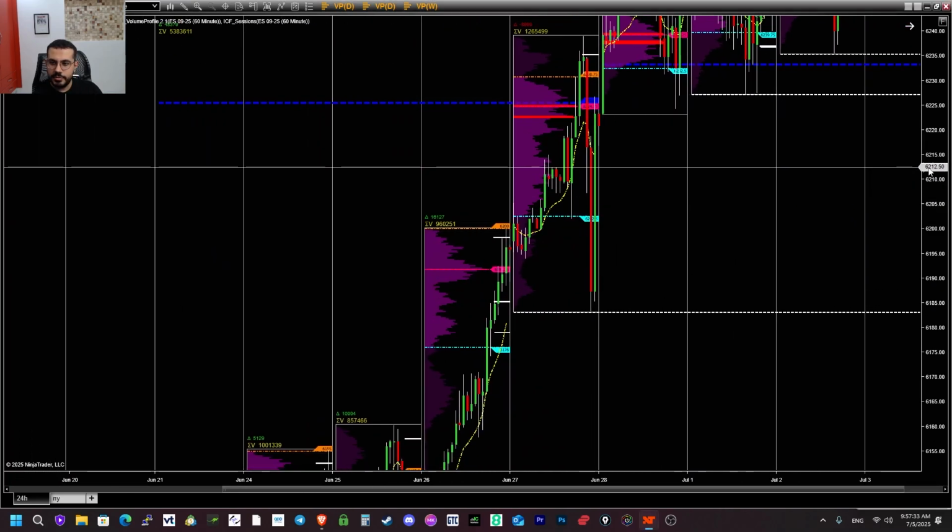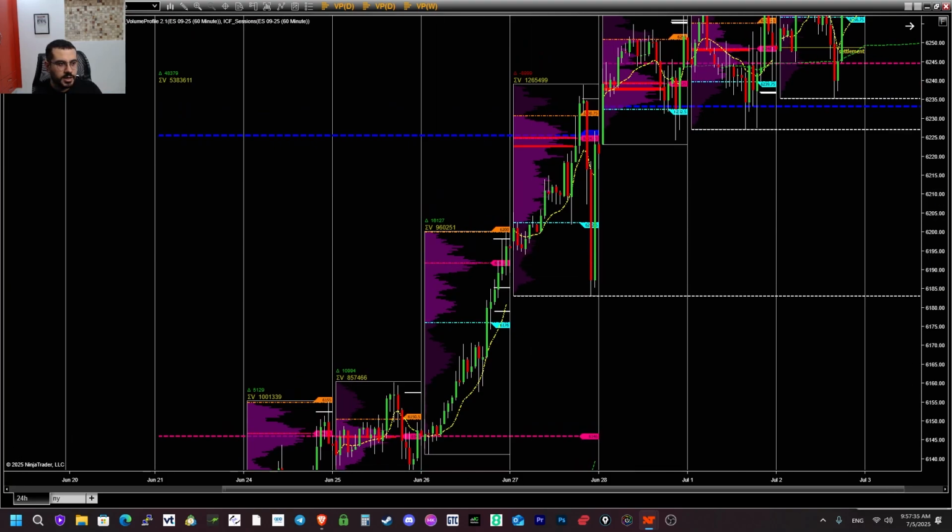Now, this is one of those examples that I told you about, that it's not like that every time, that there's going to be a reaction to that. And as you can see, there's a value area high here. We have a point of control here, this pink line. The market comes down and breaks the value area really aggressively, even in lower time frames.